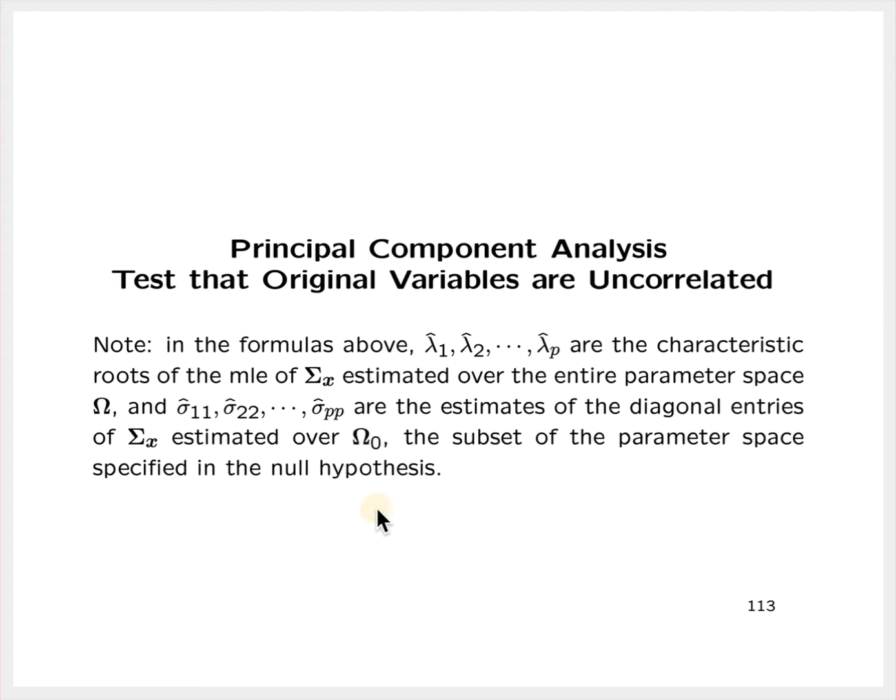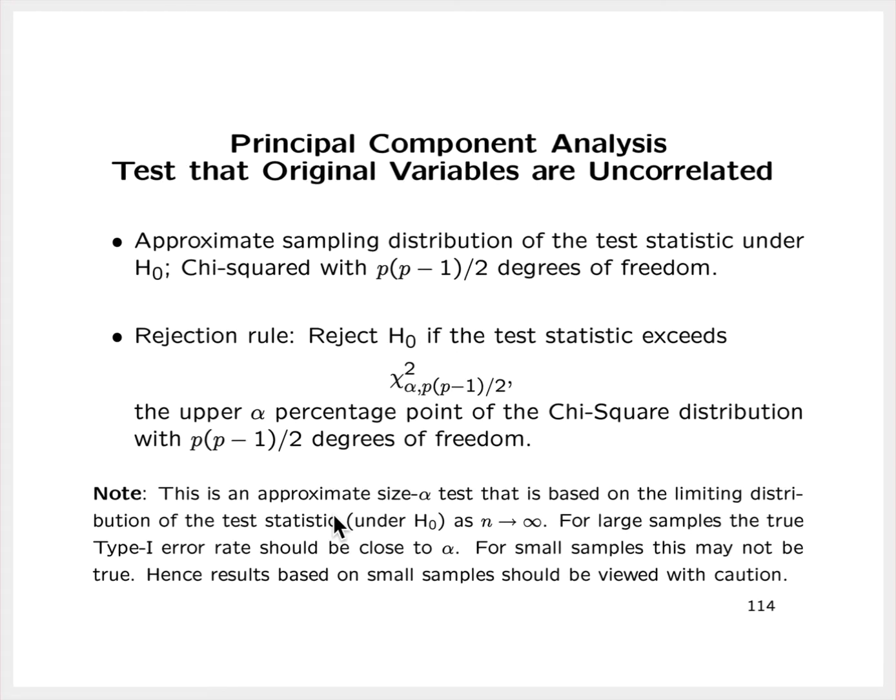And so in this particular context, these sigma hats are the estimates of the variances of the original variables computed under the assumption that the null hypothesis is true, in other words, that the covariance matrix is a diagonal matrix. And it turns out that those are just the MLEs of the variances of the original variables.